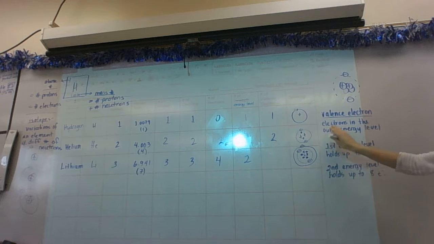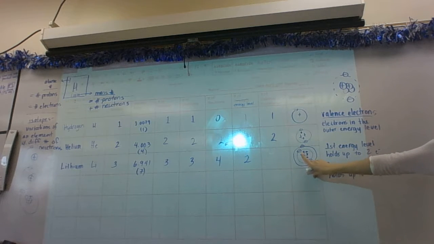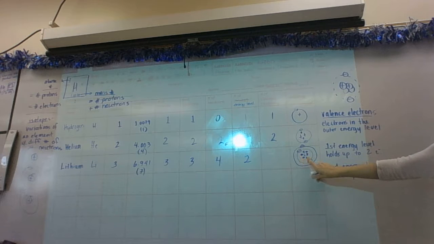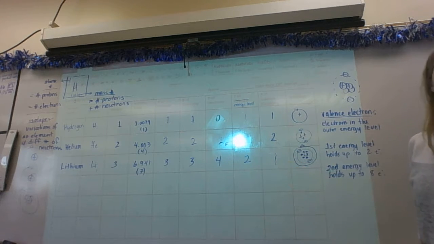In other words, the valence electrons are the electrons in the outer energy level. Okay? So these 2 inner electrons in this ring don't count as valence electrons. We only count the ones in the outer ring. Okay? So there's 1 valence electron. Got it. All right.